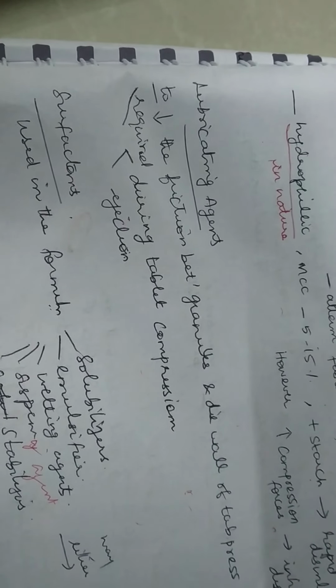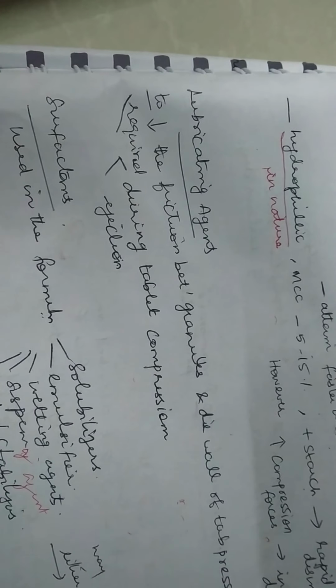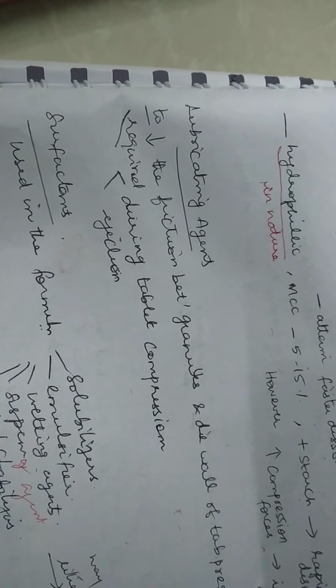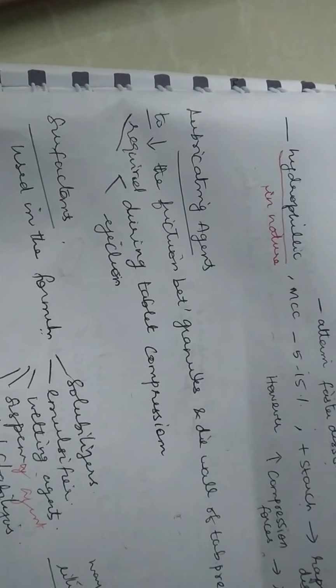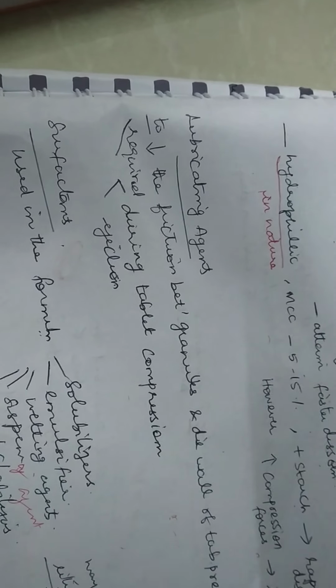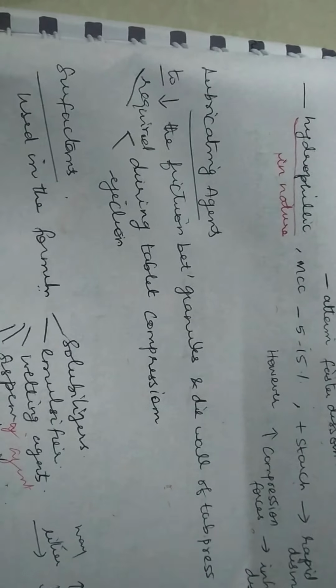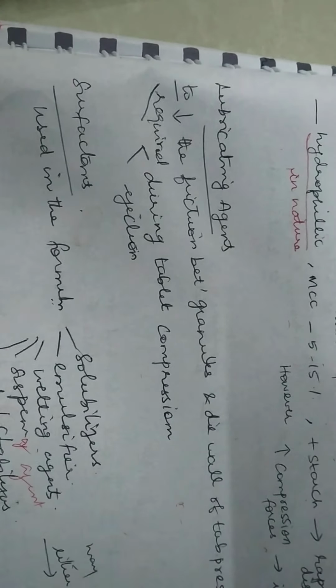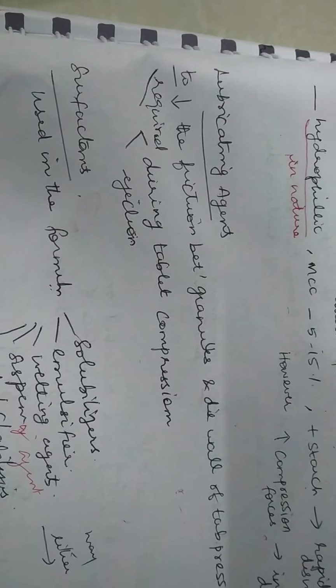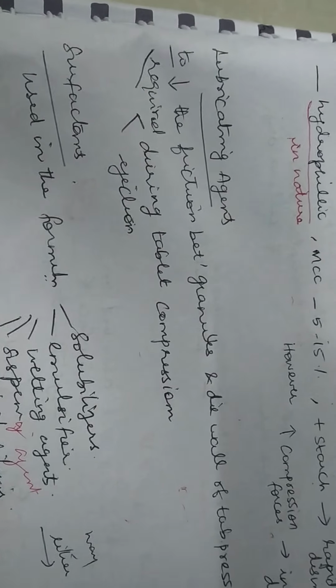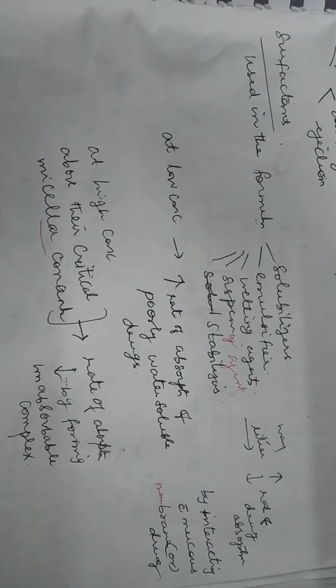Between the die walls and the granules there will be friction when we prepare a tablet, which is reduced by adding lubricating agent. These lubricating agents are required during tablet compression and ejection.